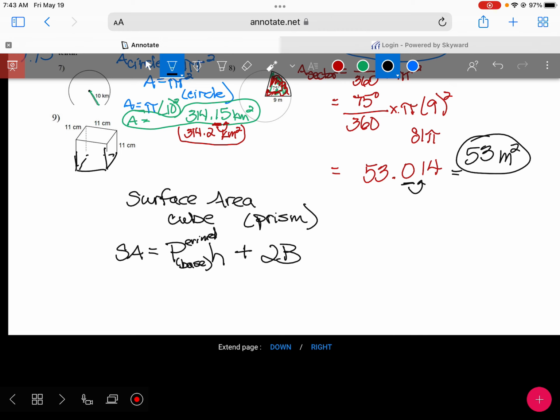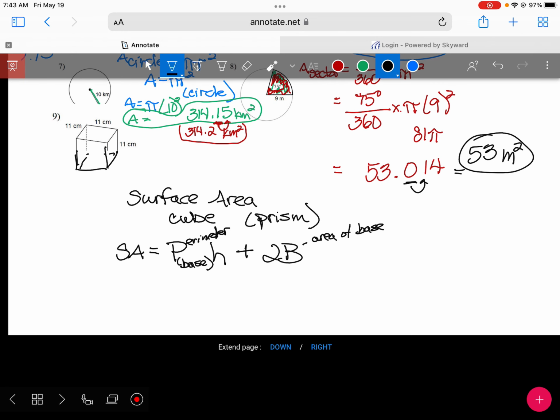So perimeter of your base times the height plus the area of your bases. Capital B means area of the bases, whereas small b just means an individual length.